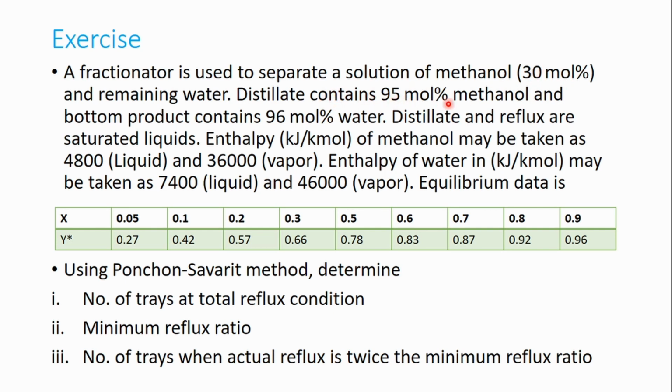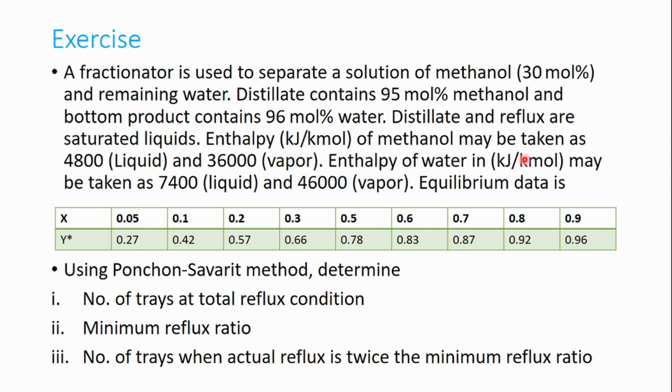Distillate contains 95 mole percent methanol, so XD is 0.95. Bottom products contain 96 mole percent water, so XW is 0.04. Distillate and reflux are saturated liquids. We are given that they are saturated liquid, so they will lie on the saturated HL line on the HLX plot.